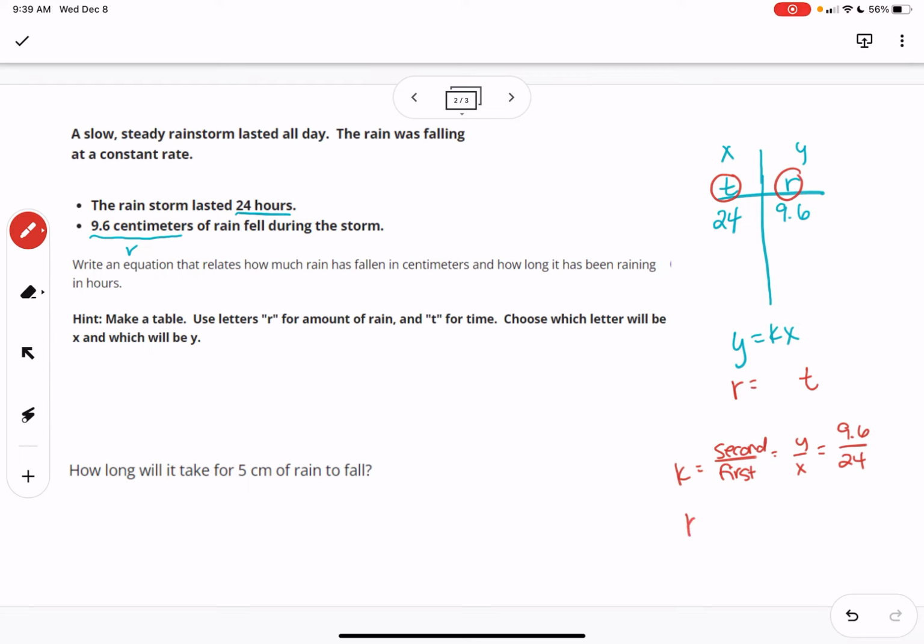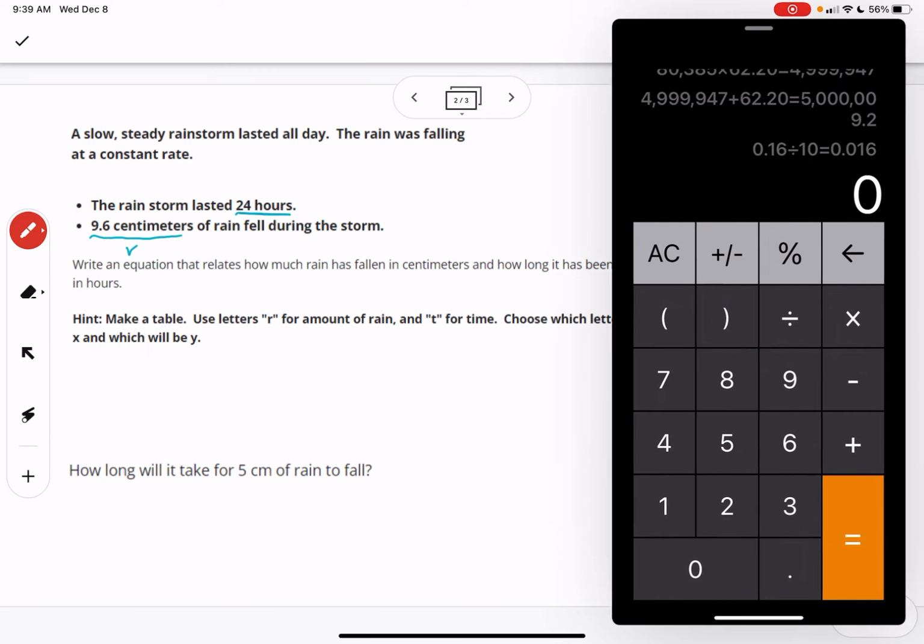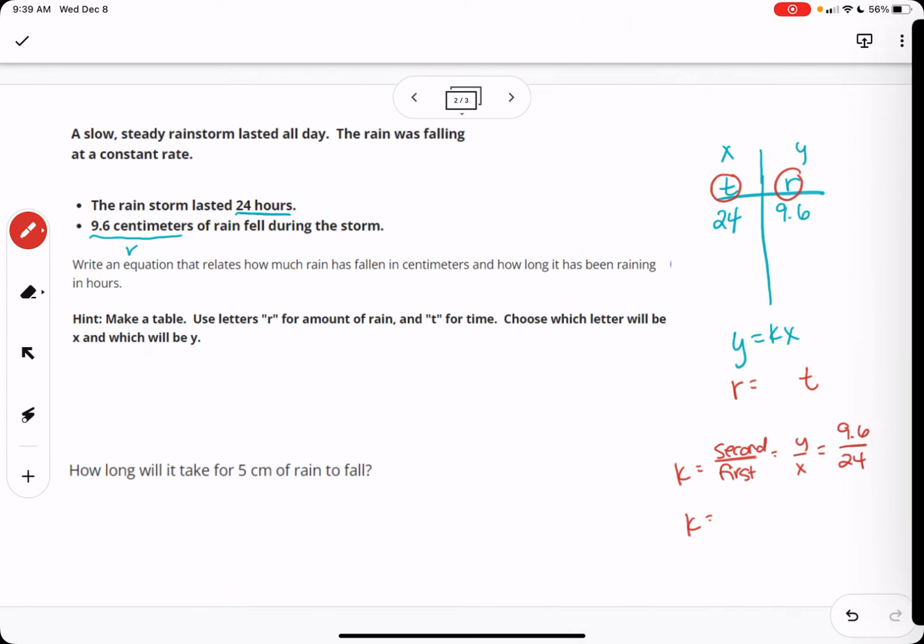So I'm going to get my calculator. Remember, you're allowed to use calculators here. Okay. So 9.6 divided by 24, and I get 0.4. So I put that in place of K. So R equals 0.4 T. Okay, that's one way that we can write the equation.